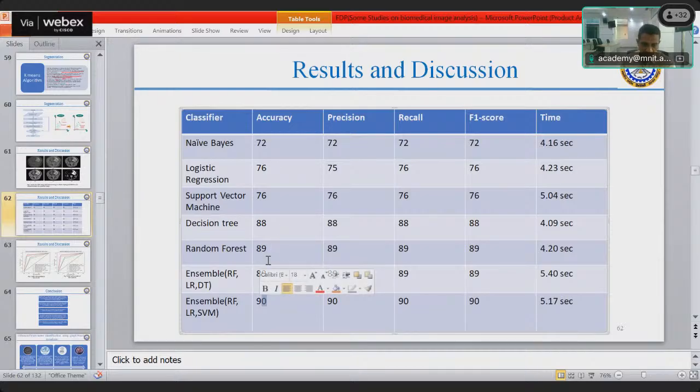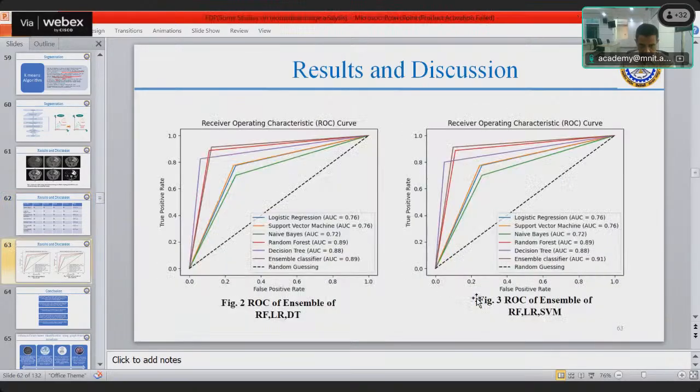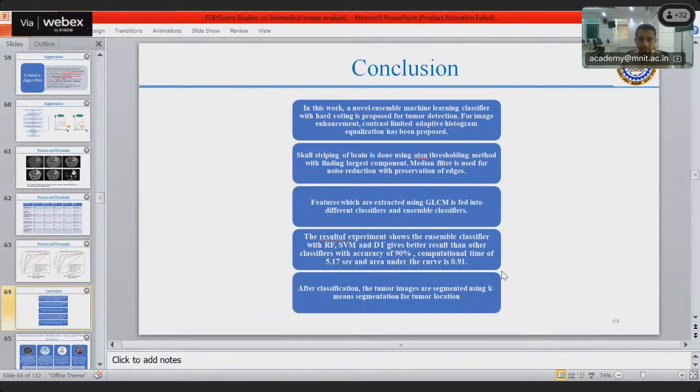In comparison to random forest it is almost the same. So this is the ensemble. Conclusion: a novel ensemble learning machine with hard voting is proposed for tumor detection.